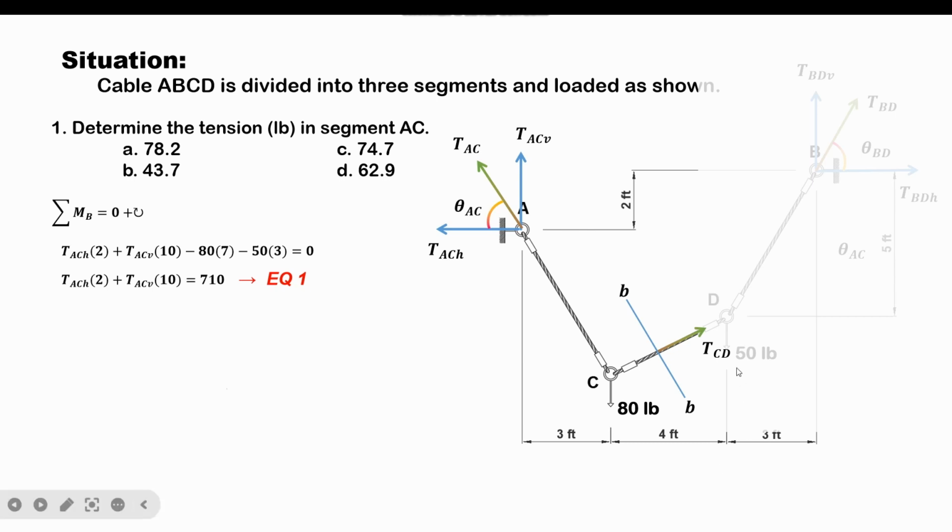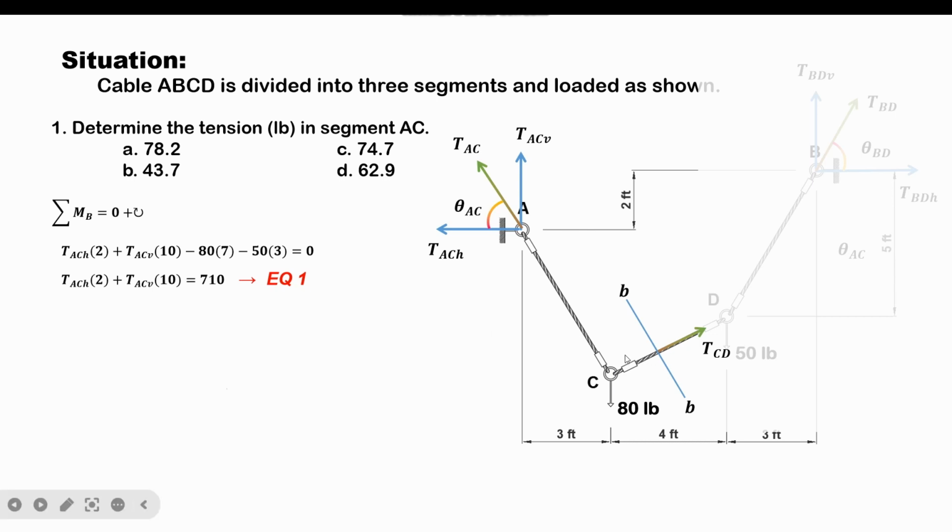From this free body diagram, there are two preferred points where we can take moment. These points are point C and D. Why? If you look at the line of action of tension TCD, it passes through these points. Meaning, if we take moments about point C and point D, TCD will have no moment about those points.